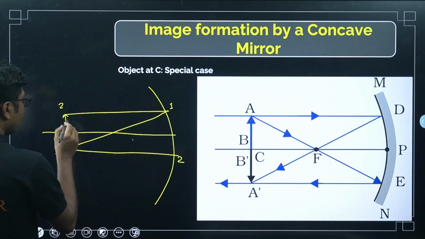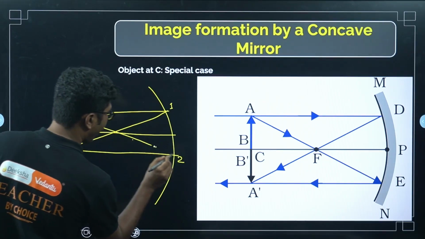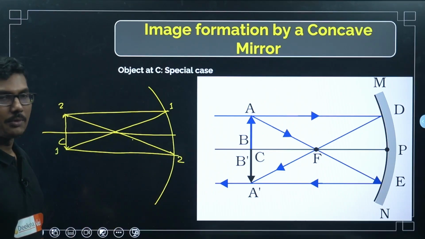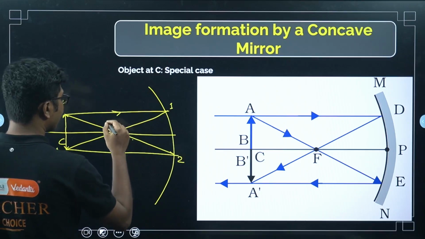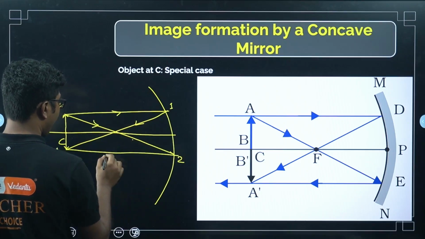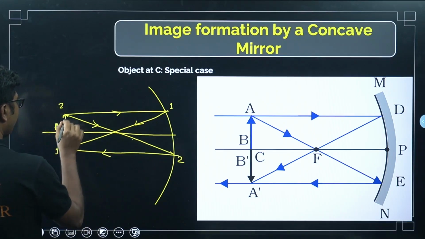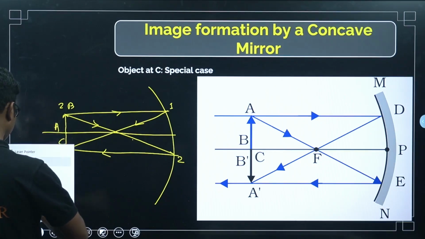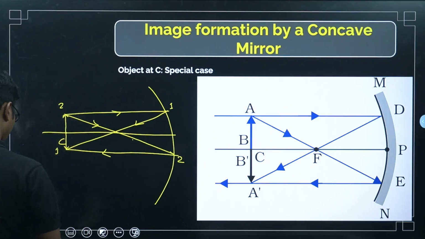For example, in my diagram they have just intersected slightly above. So if you put the arrows, A, B, or rather BA. Now in this case B and B dash are overlapping.